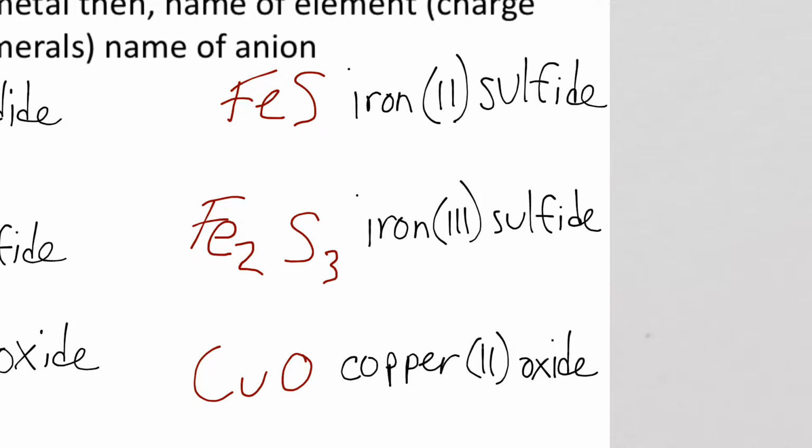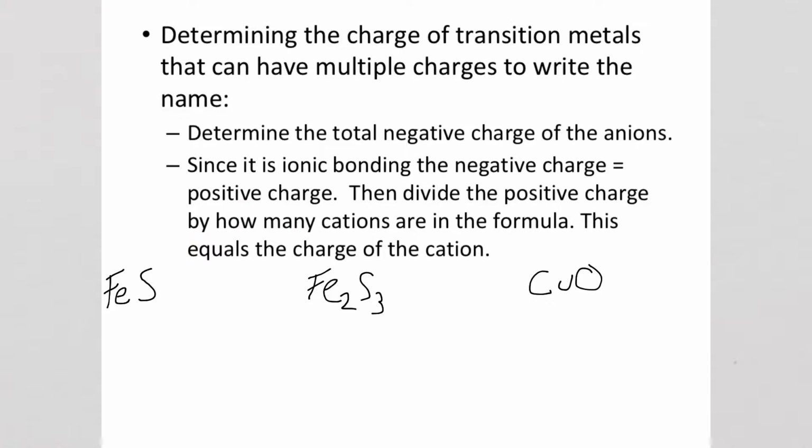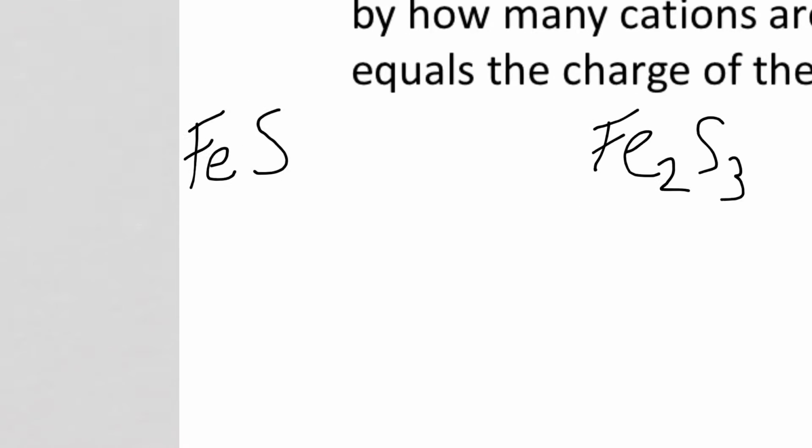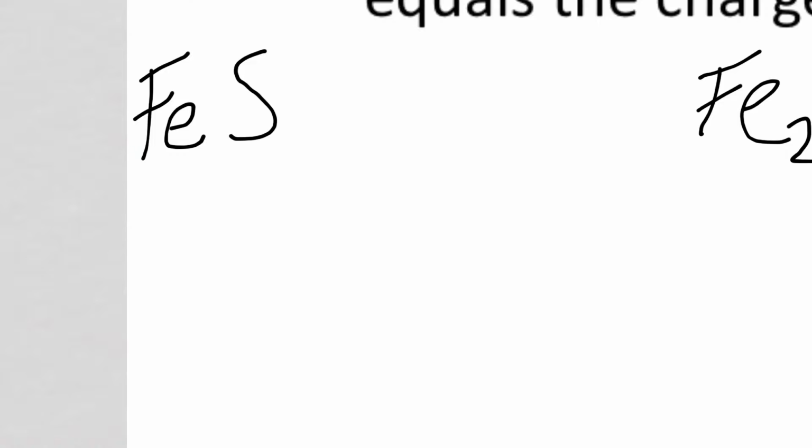Alright, let's take a look at determining those charges. I'm going to use the same examples as before, just to keep things focused. So again, you first want to look at the anions, the negative ions. Those are always consistent. They don't change when we talk about ionic compounds. So sulfur has a 2 minus charge. Because there's only one of these sulfurs, the total negative charge is 2 minus.